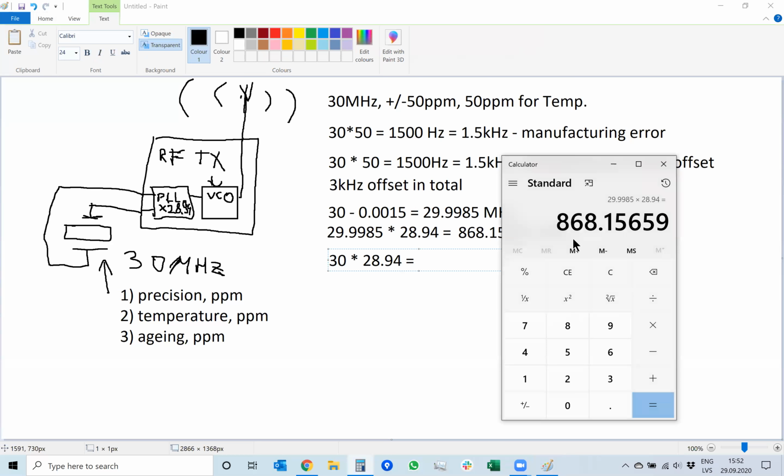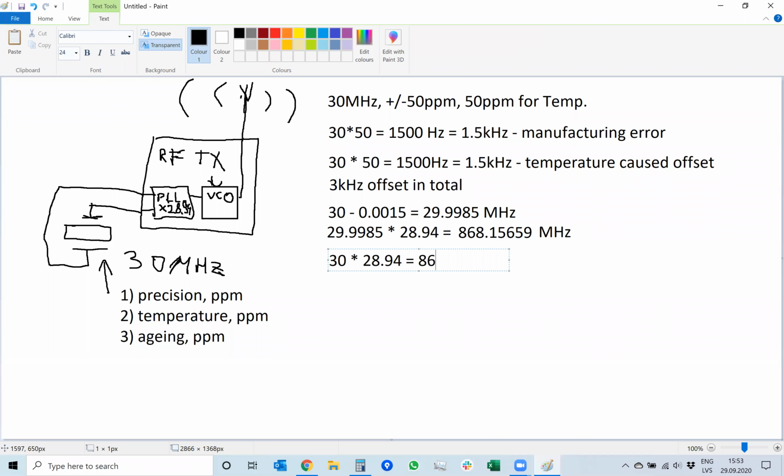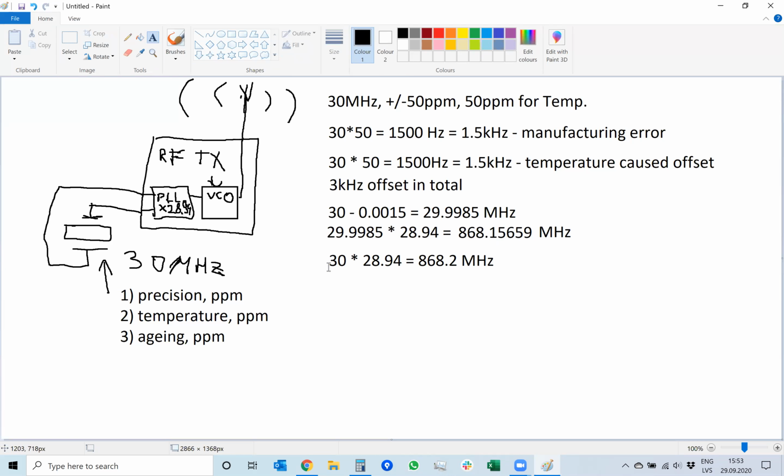It should have been 868.2. Yeah, okay, the difference isn't that big, but we need to take it into account. So instead of 868.2, we get only 868.16.